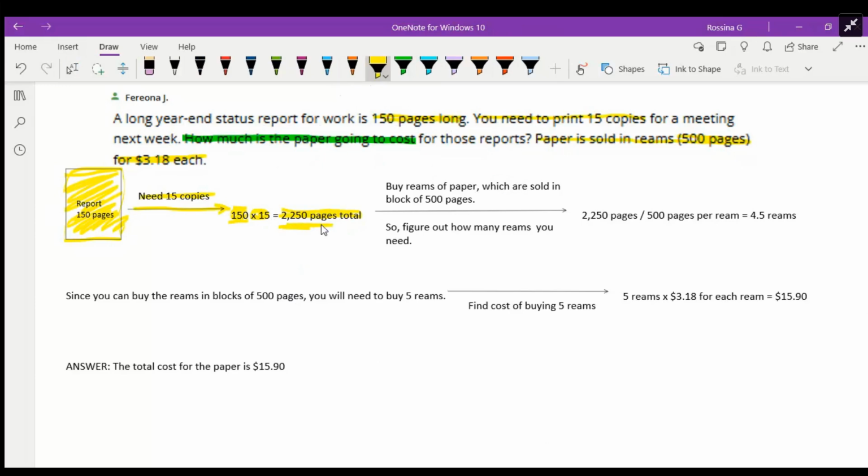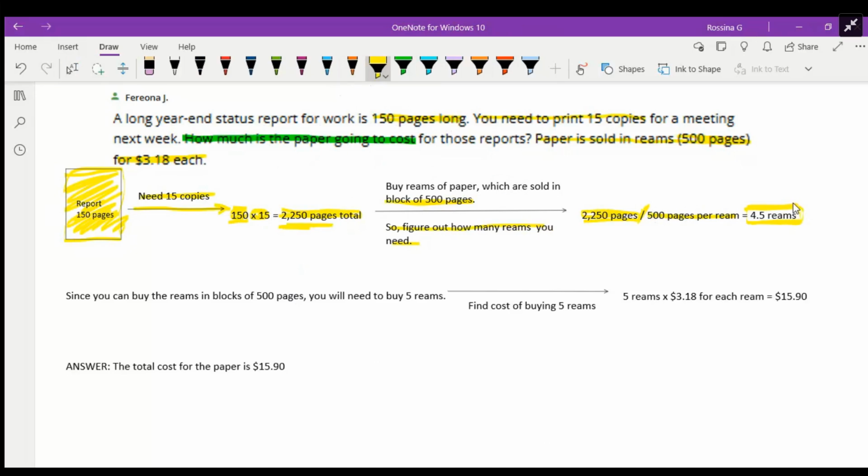But what does that mean for us in terms of how many reams of paper we're going to get? Well, if they're sold in blocks of 500 pages, you need to now figure out how many reams you're going to use. So if we have 2,250 pages divided by 500 pages per ream, that will be equivalent to 4.5 reams. Okay, we're getting somewhere.